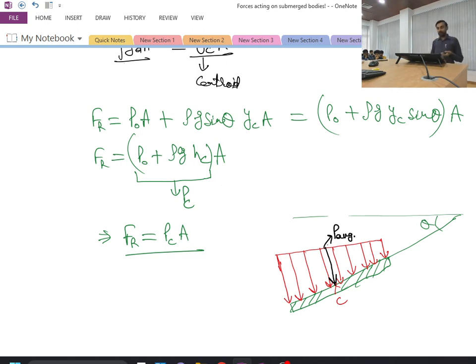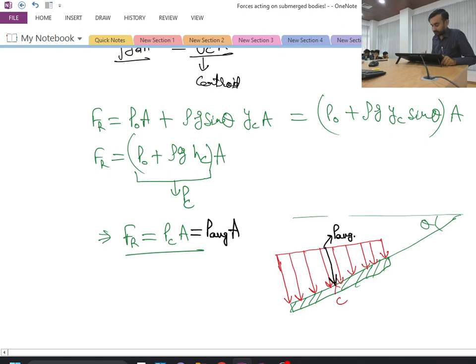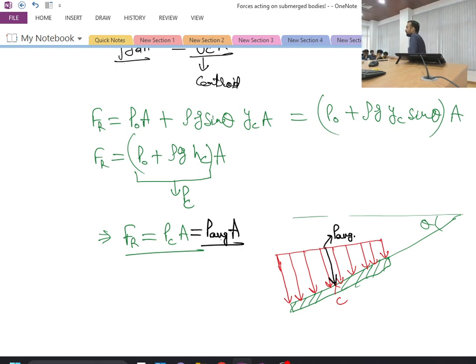So as this profile is linear, whenever I calculate the value of pressure at the centroid, it will come out to be the average pressure. So in other words, my resultant force acting on the surface is nothing but the centroid pressure into area, or the average pressure into area. Is this point clear? Anyone having any issue up to this point?